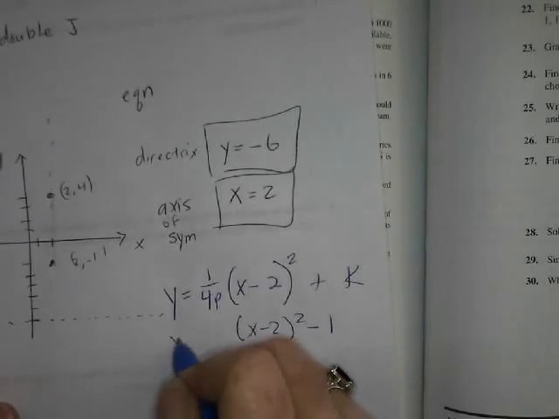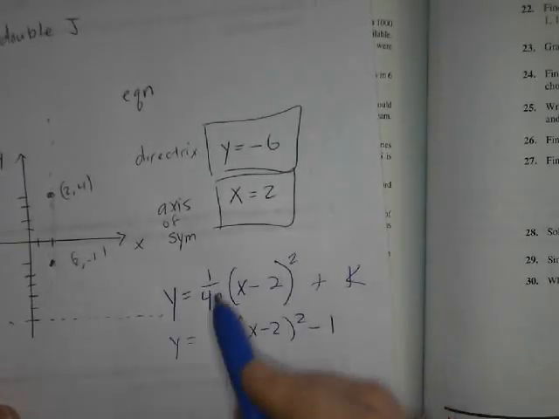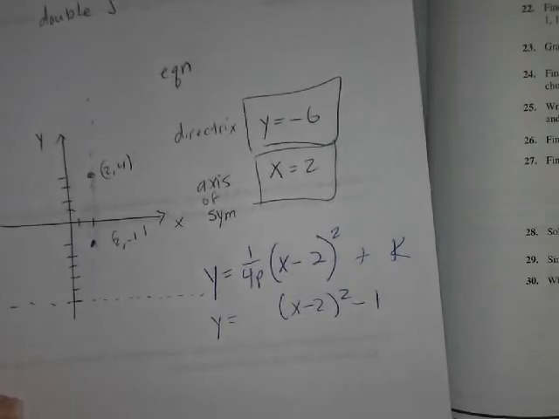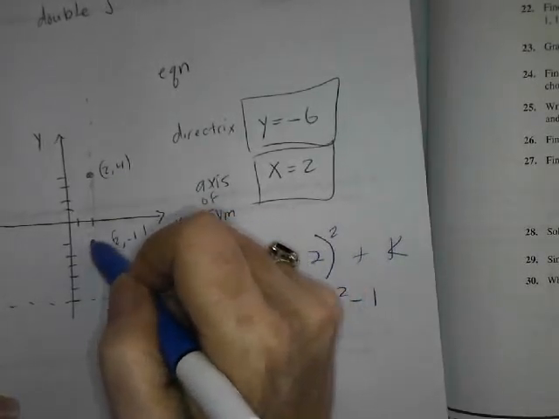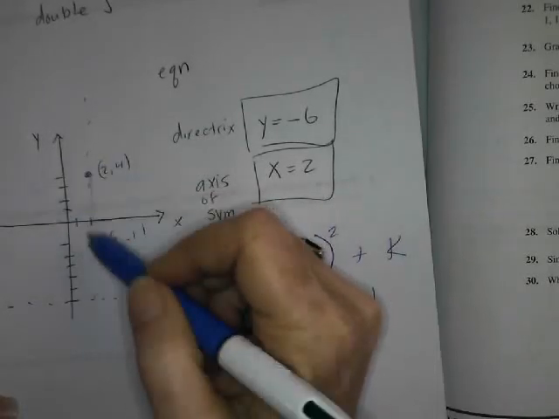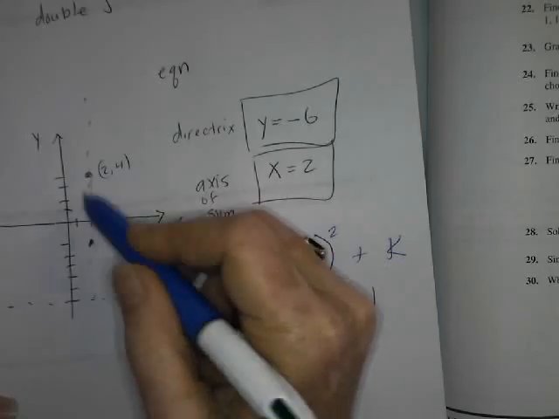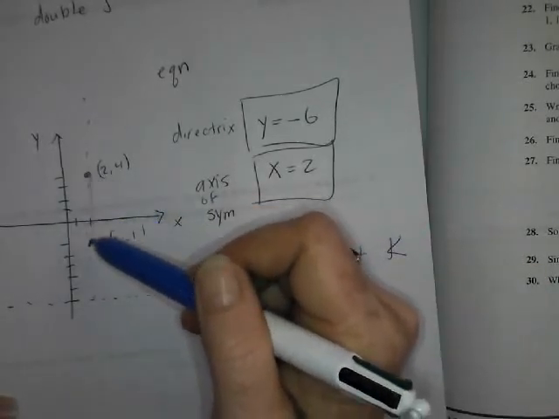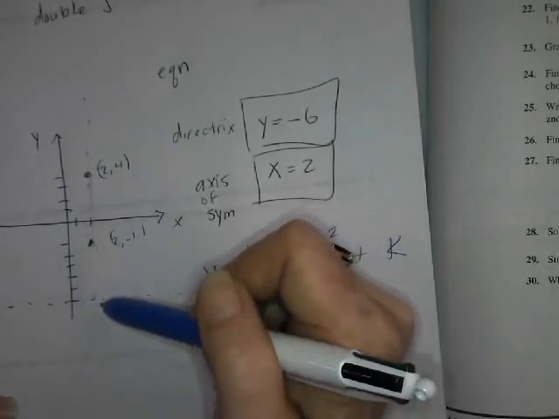And then, does anybody happen to know what p is? Like what number it is? Or do you guys even remember what the concept of p is? It's 5. It's the distance. The way I like to think of it is it's the distance from the vertex to the focus, or if you like directrixes better than focuses, you can say it's the distance from the focus to the directrix, right?